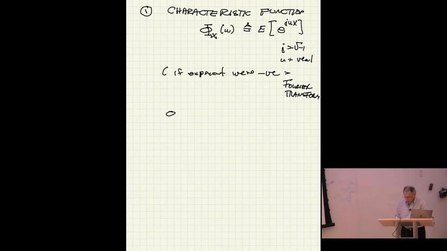By the way, when I write down phi sub x of u as an integral, what is it? It's the integral of e to the j u x times f sub x of x dx. That's what this expectation here means. That's when I say expectation of what?